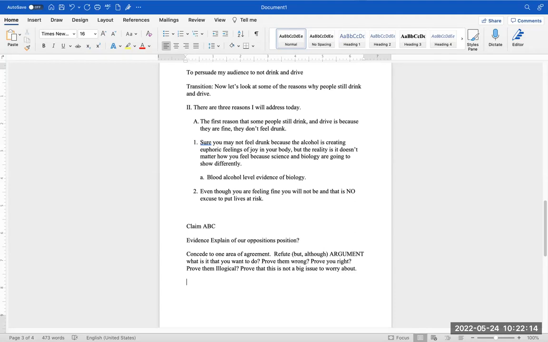So for example, if we're saying to provide more free psychiatric care to college students, one of the arguments is going to be that that's going to cost money to put into play.